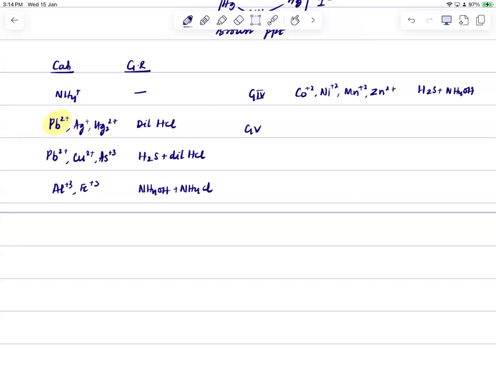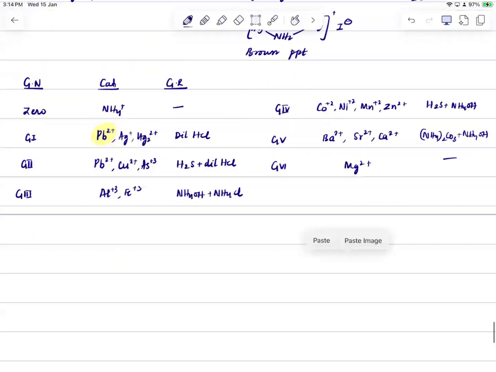Group 5 has barium 2+, strontium 2+, and calcium 2+, in the presence of ammonium carbonate with NH4OH. And group 6 has Mg2+, again with no group reagent. So these are the reagents we need to learn.